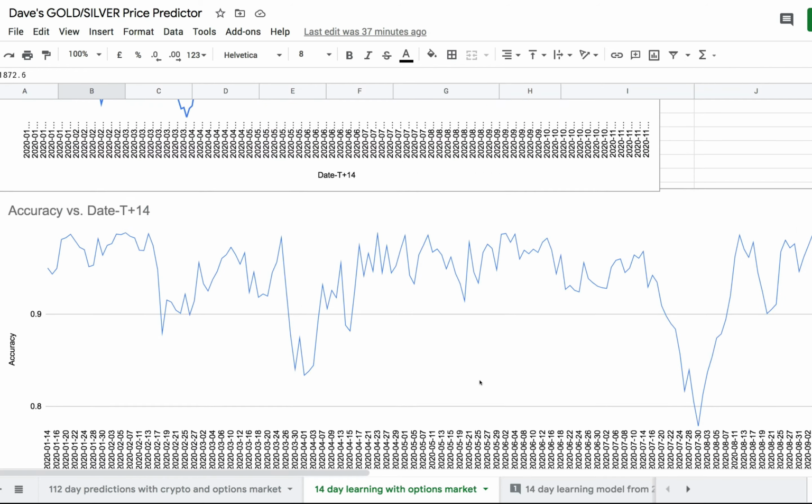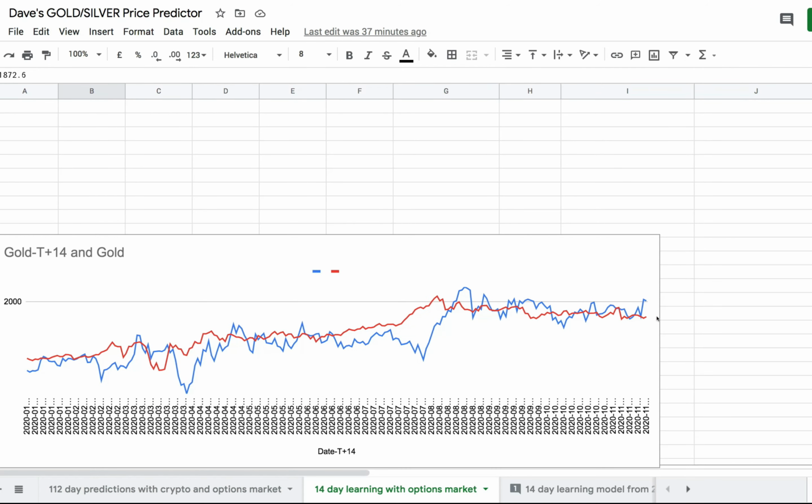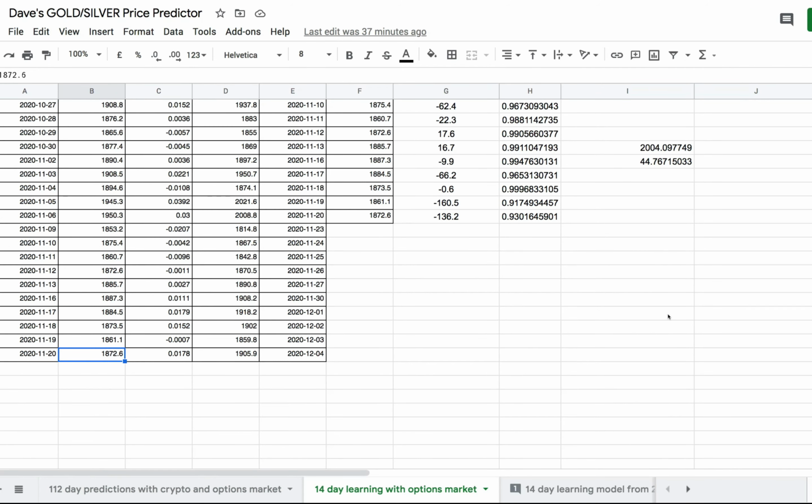And if we look at how the price of gold is being predicted, it's predicted that we are sort of in a flat trend. There's not too much that's going to happen. And I think this is pretty accurate. If I look at what the model is telling me, I'm not saying that the price of gold is going to be 1900 in 14 days.